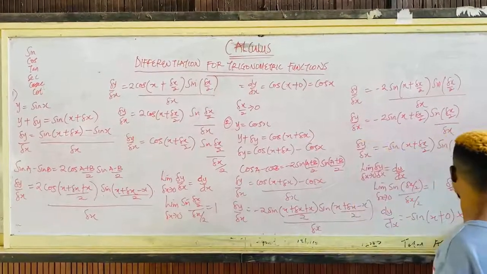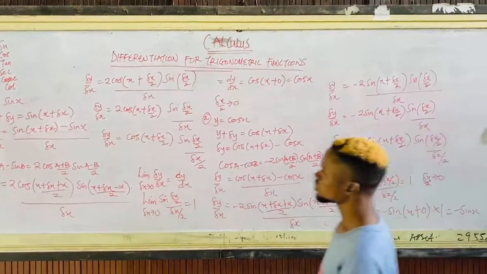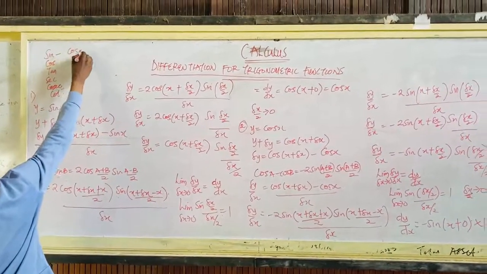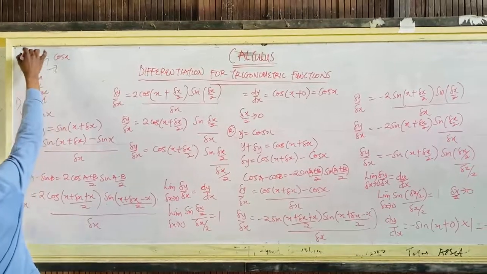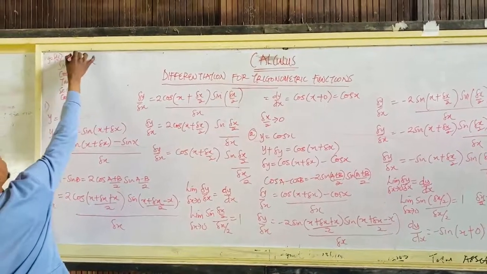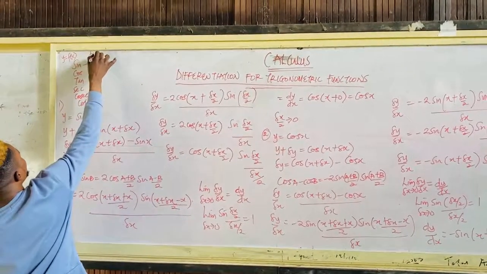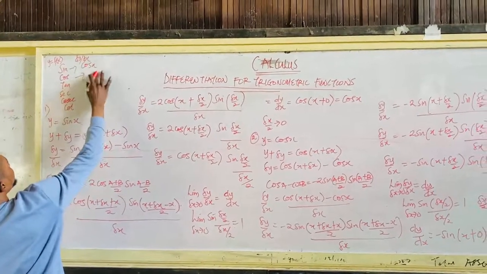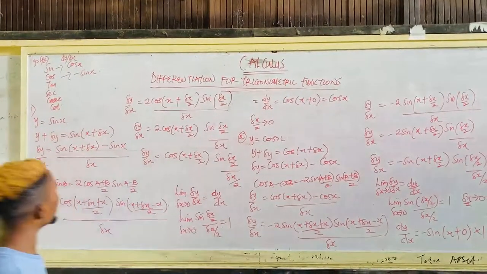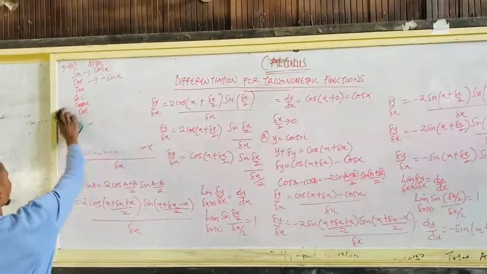So the answer is minus sine x. So if we differentiate sine, we get cos x, and for cos, this is the function, and this is the derivative coefficient, so we get minus sine x. Now what about the others?